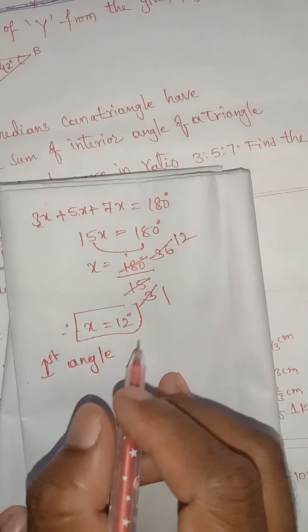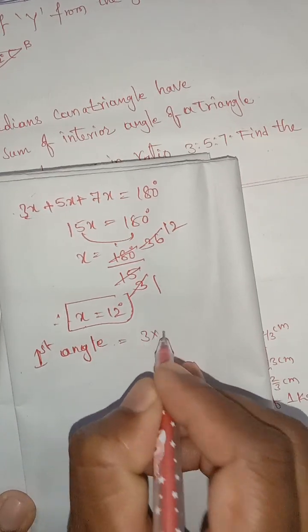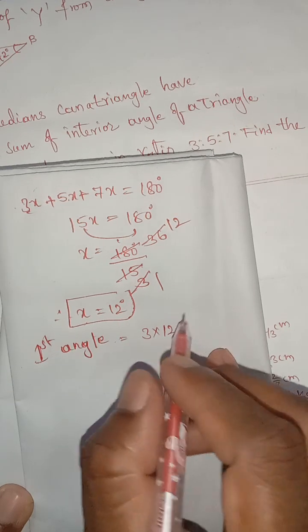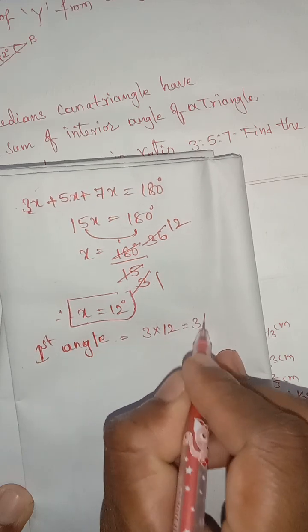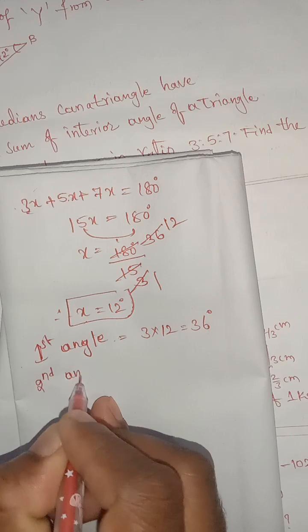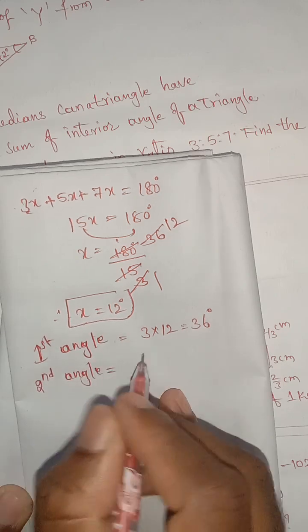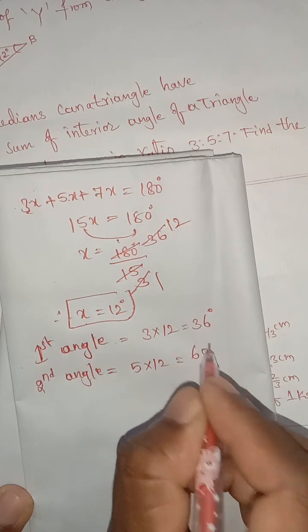That means the first angle is 3x, 3 into 12, equal to 36 degrees. The second angle is 5 into 12, equal to 60.